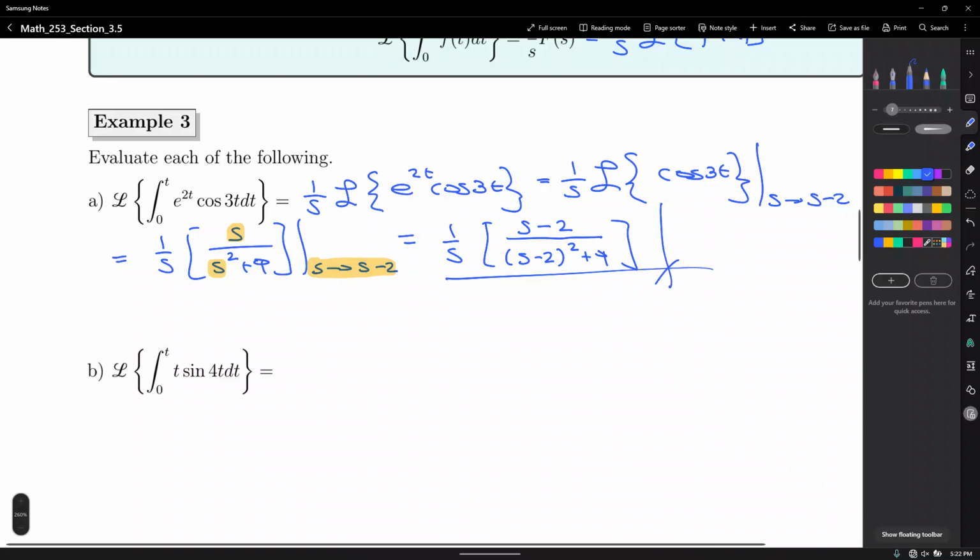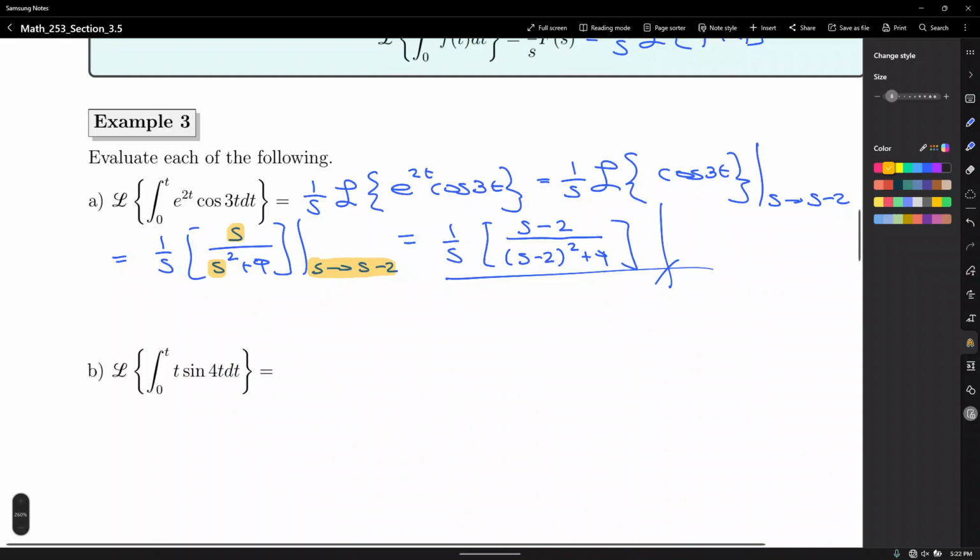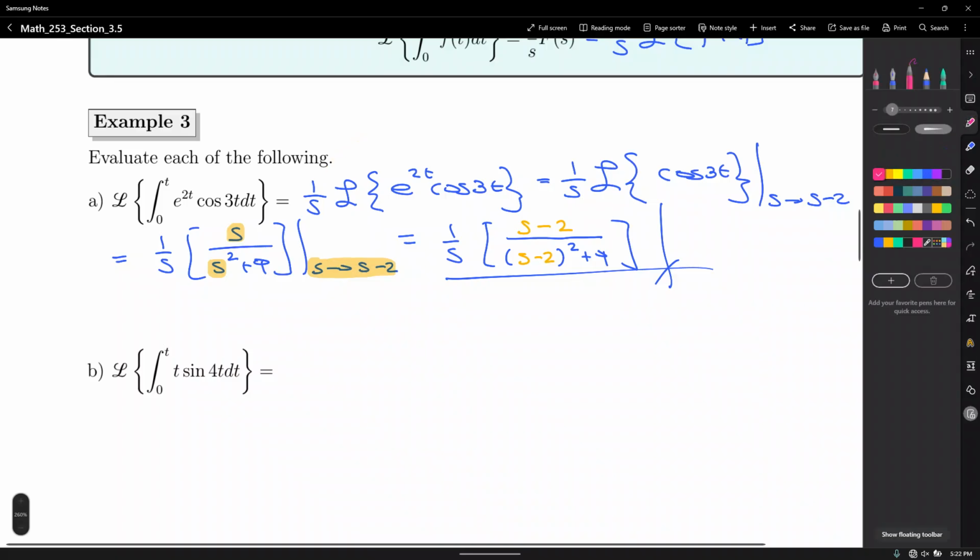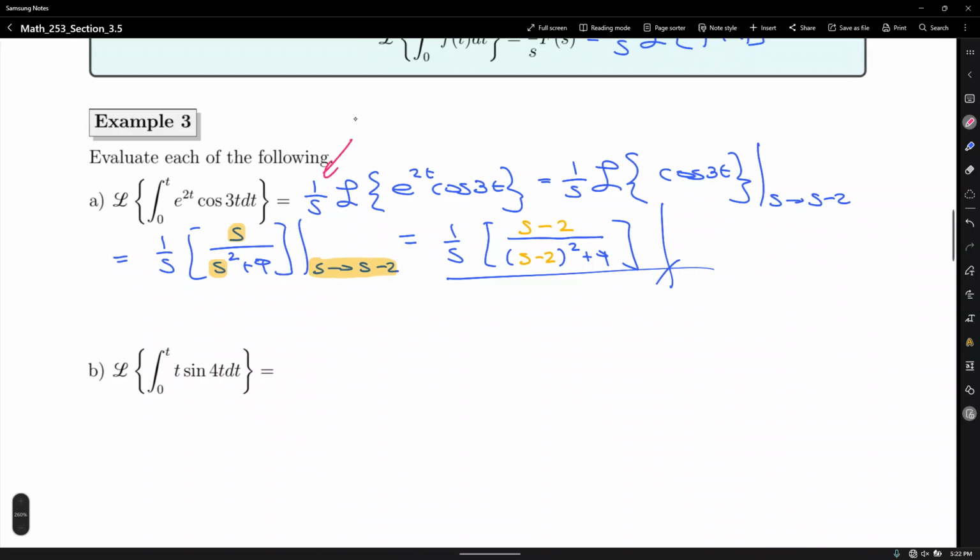Final answer. And just to remind you, if it works for you, we don't touch the 1 over s. This guy right here is untouchable.